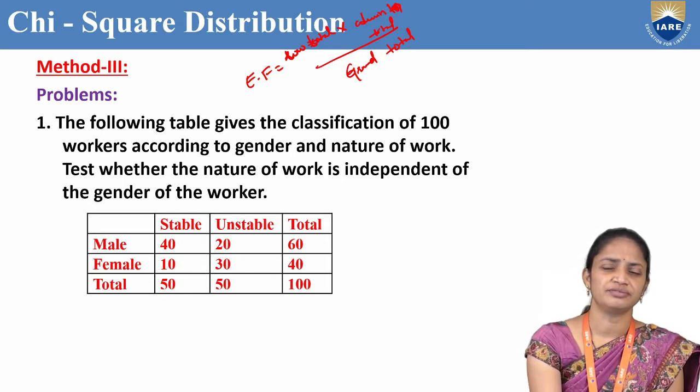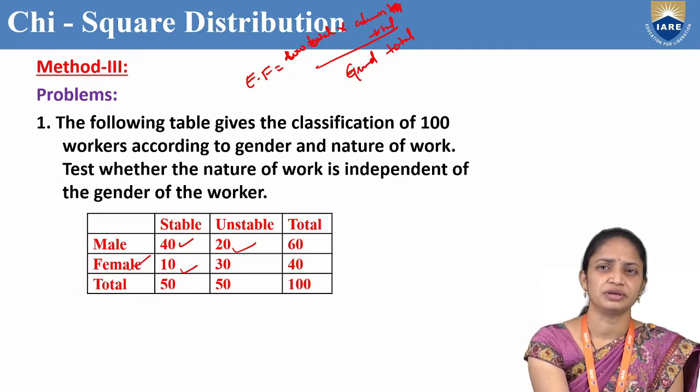Here we have a table based on stable, unstable, male, female. For male, stable is 40 and unstable is 20. For female, stable is 10 and unstable is 30.